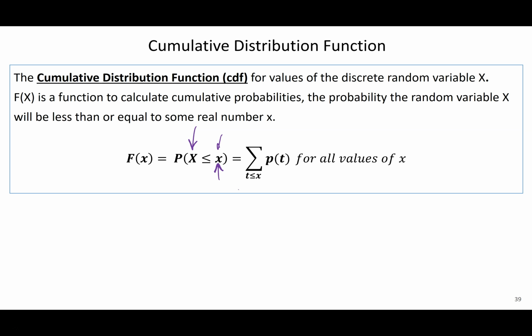For all values of x, your CDF has to be between 0 and 1. Before any values are observed and the probabilities are 0, your CDF will be 0. But once you have observed all values in your sample space, it'll be equal to 1. It is also non-decreasing, for those of you that like to talk about that.